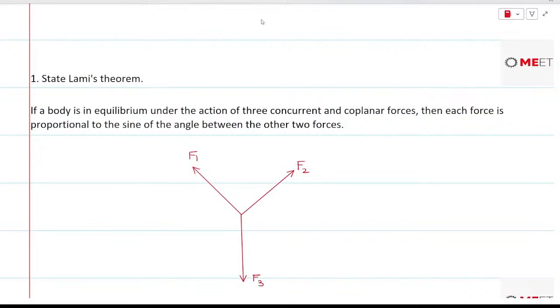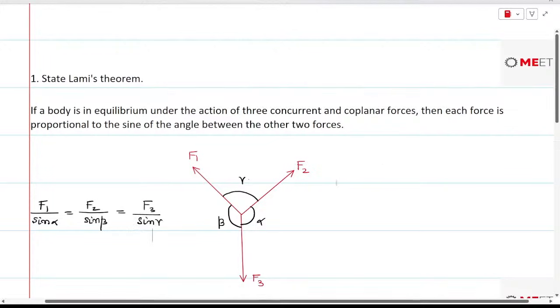So for F1, the angle alpha should be marked between F2 and F3, and for F2 the angle beta has to be marked between F1 and F3, and for F3 the angle has to be marked between F1 and F2. Let's call it gamma. So the formula becomes F1 by sine alpha equal to F2 by sine beta equal to F3 by sine gamma.